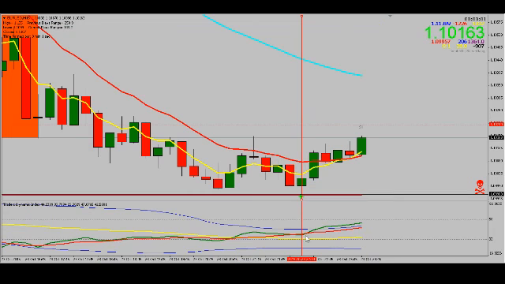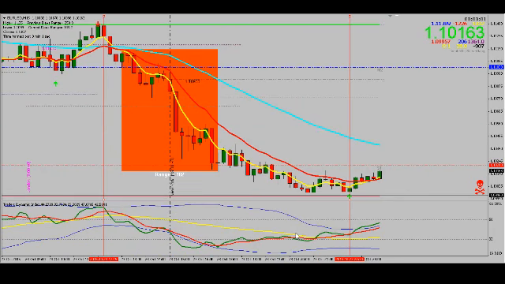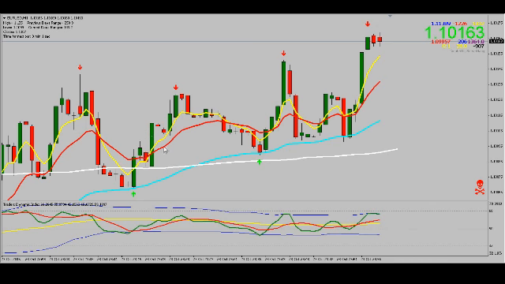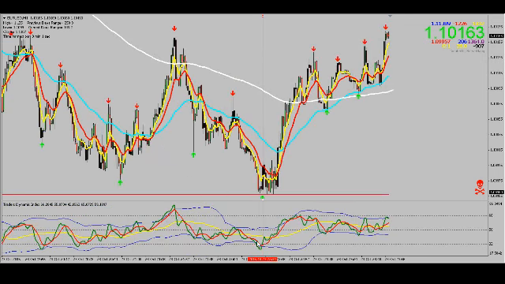We got a slight cross here on the TDI. Okay, 22.34. Now we go here on the 1 minute chart. 22.34. We would have got in right here, and we would have had an awesome ride to the top.